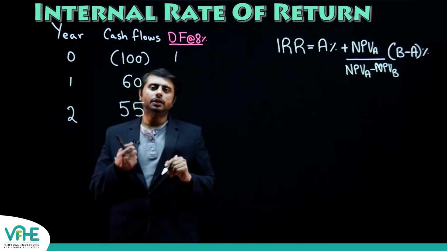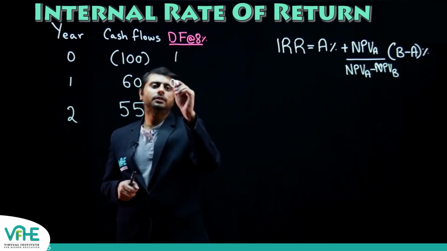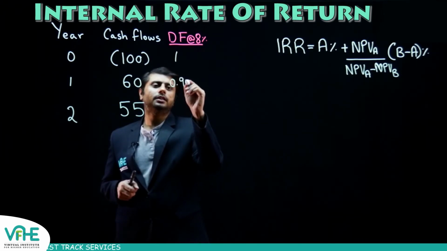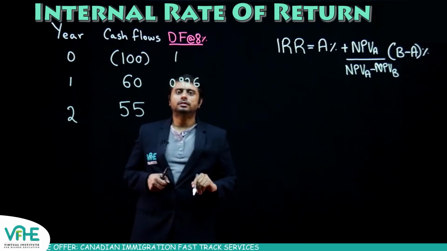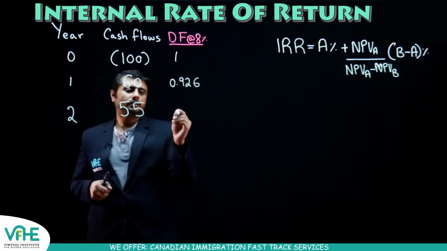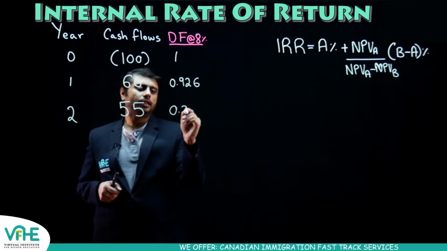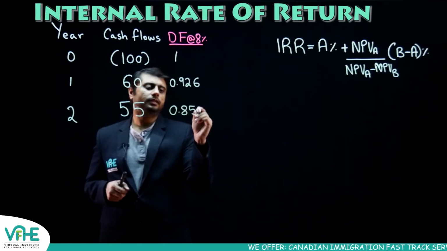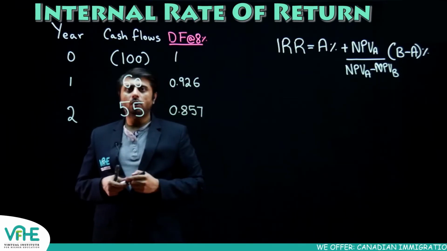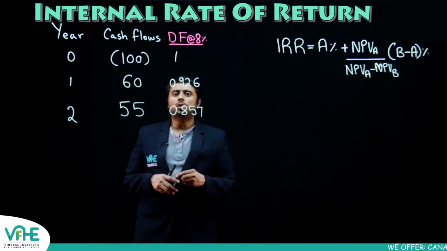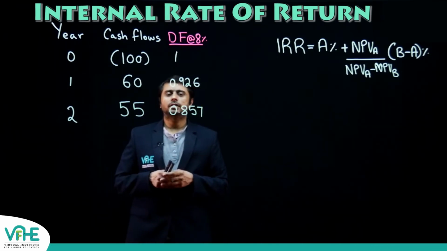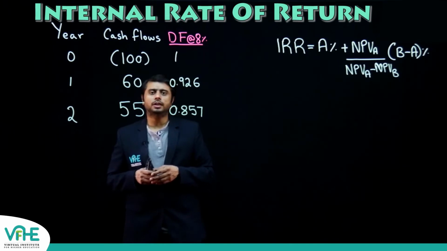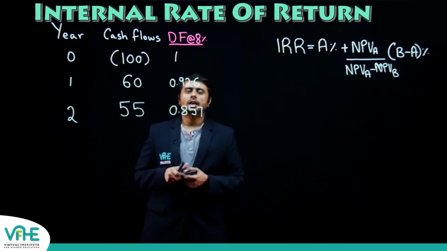The second one using 8% is 0.926. And the third discount factor is 0.857. By now, I'm sure that all of you know how we calculate the discount factors. Therefore, I have not performed the entire calculations.